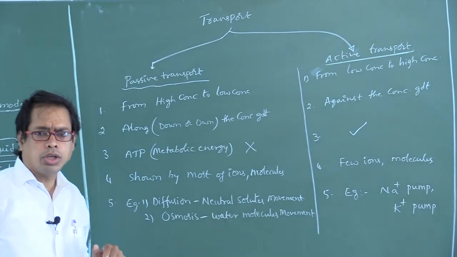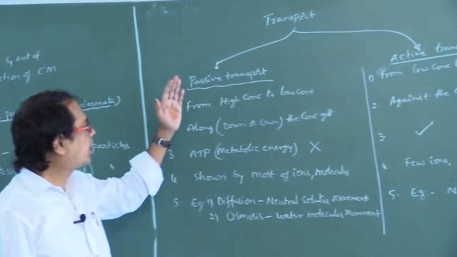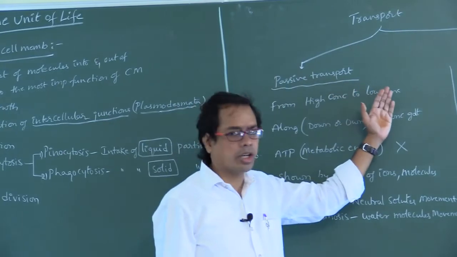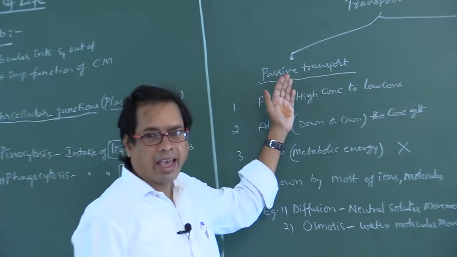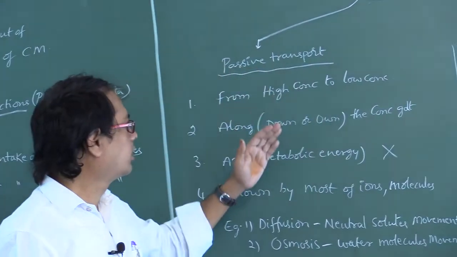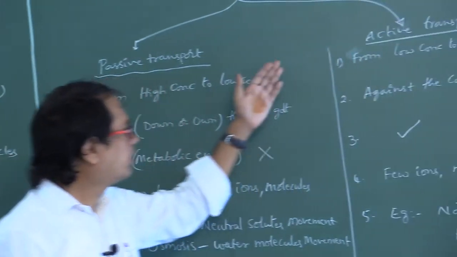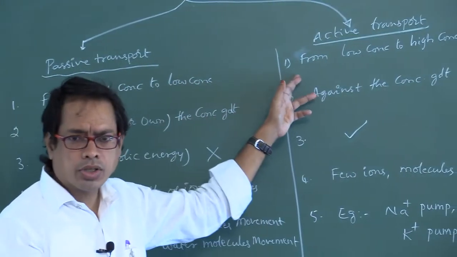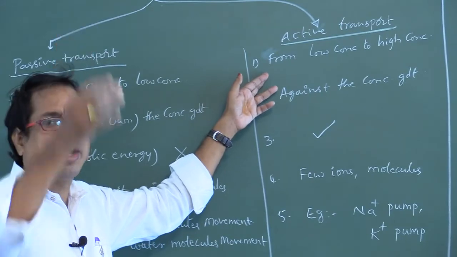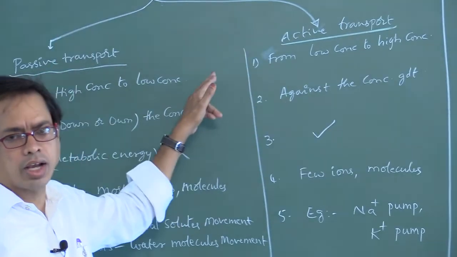If molecules move from high concentration to low concentration, that is so called passive transport. Whereas in active transport, low concentration to high concentration movement of molecules will occur.